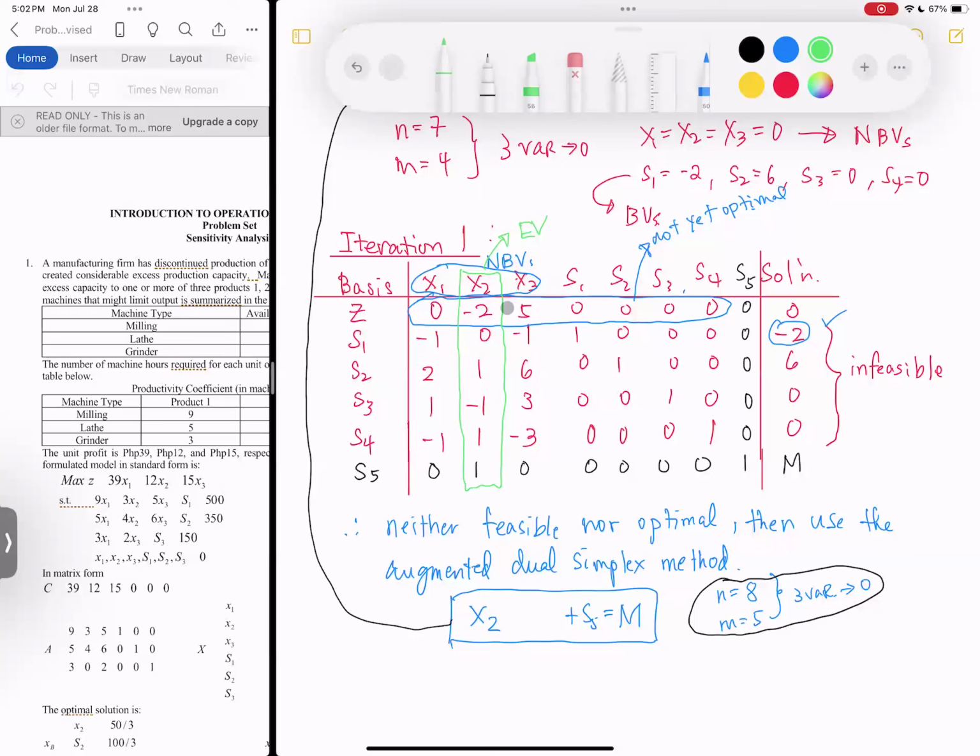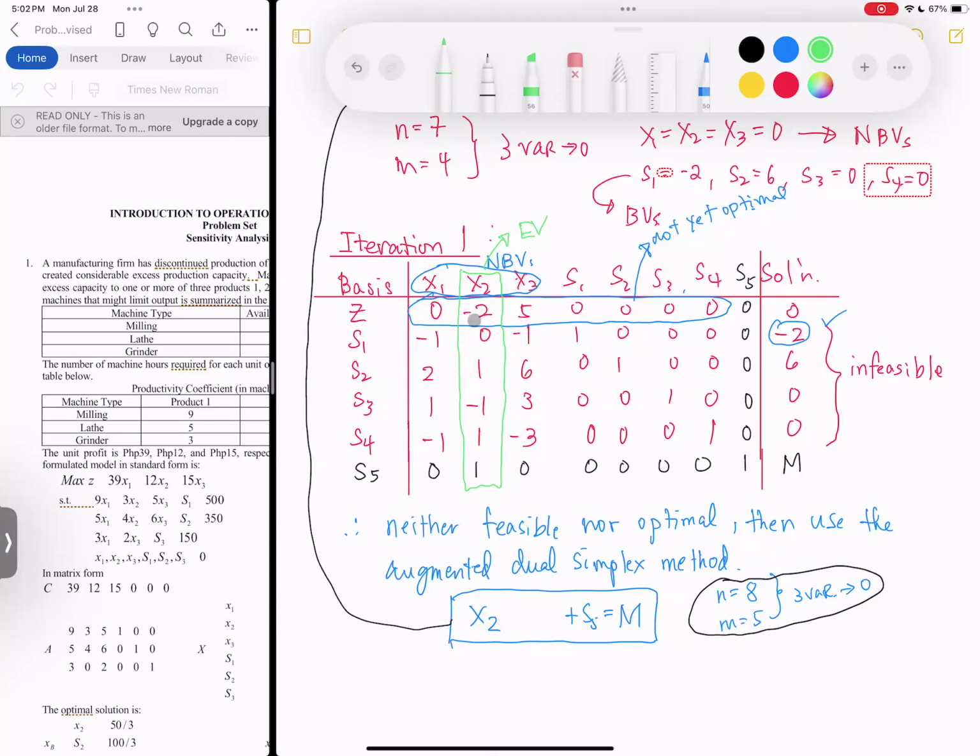Now, if you have, let's say, 2 or 3 variables that are negative, and they all make your iteration or tableau suboptimal. So let's say 3 variables are all negative. So this one will now be x1 plus x2 plus x3 plus s5 equal to m.